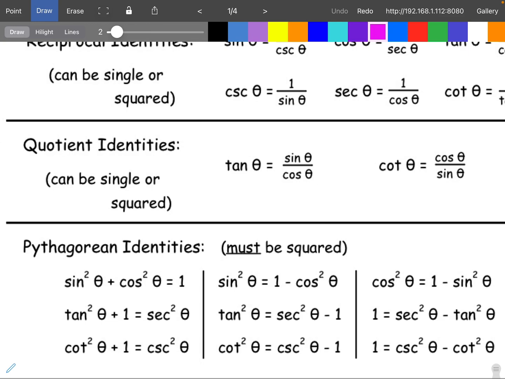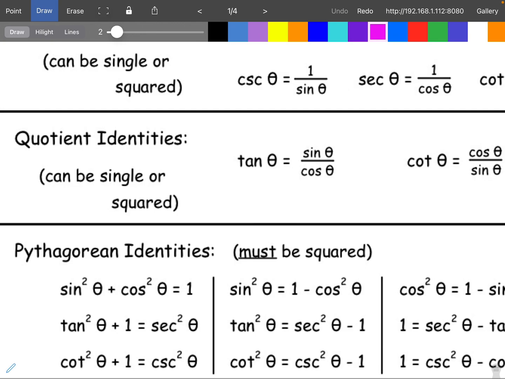Like I said, on your identity sheet, those are called the ratio identities. It's the same thing. Quotient is the answer to a fraction problem, and ratio means fraction. So they're both referring to fractions. Now, we know that tangent, when we did our unit circle, was always y over x.